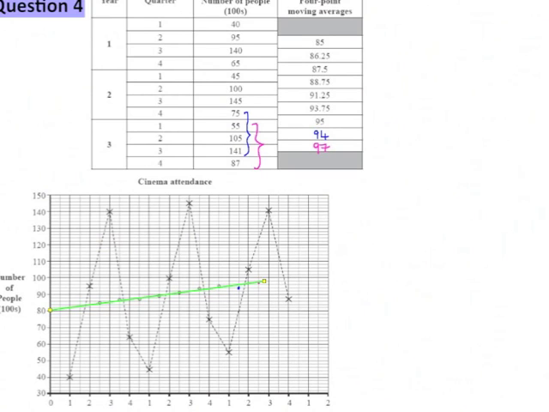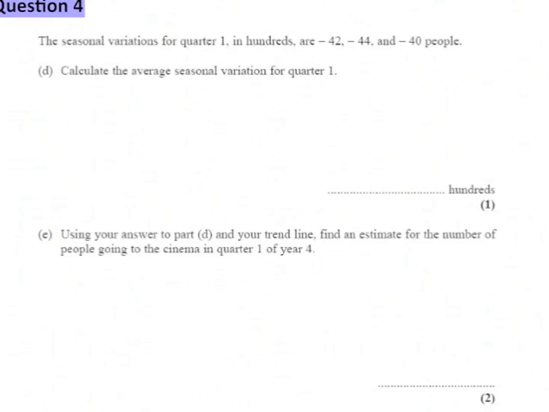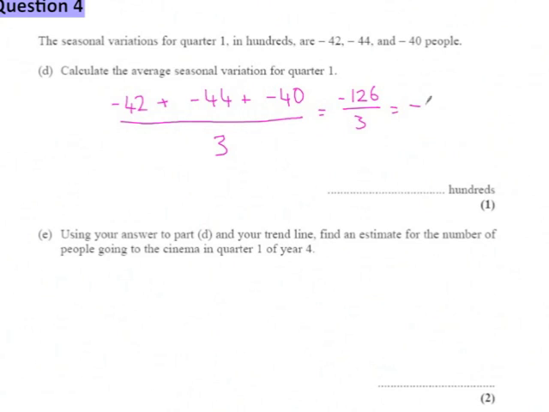So what is the average? Let's have a look. We're going to add up our three seasonal variations. We have -42, add, -44, add, -40. Making sure we're keeping in those negatives. Dividing through by 3 to find the average, -126 divided by 3 gives us -42.